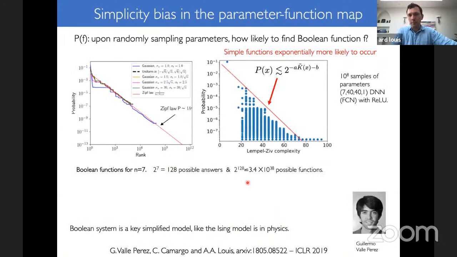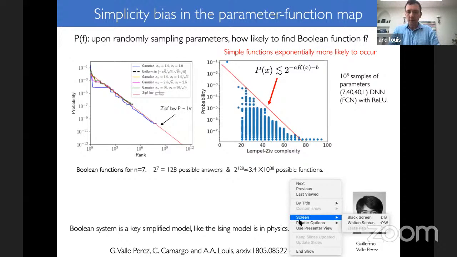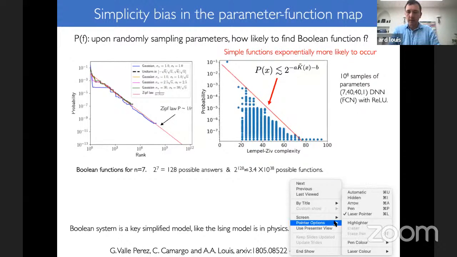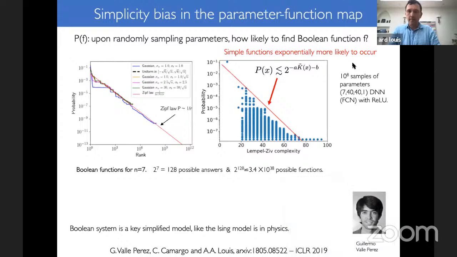And so we did this for the simple Boolean problem with a small neural network, a small fully connected network, which is expressive enough to represent everything. And what we see is something rather surprising, which is that the probability of getting a certain function upon random sampling actually drops down like a Zipf-like law as a function of rank.